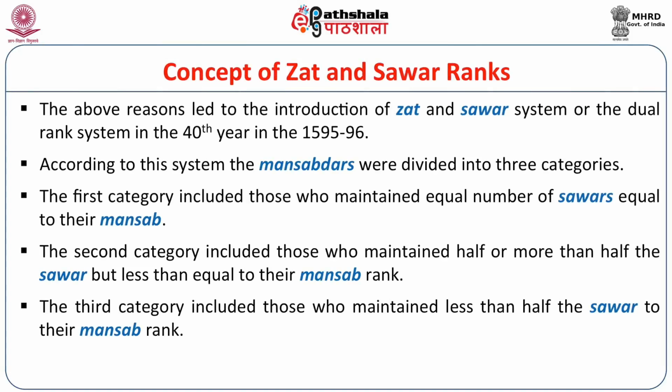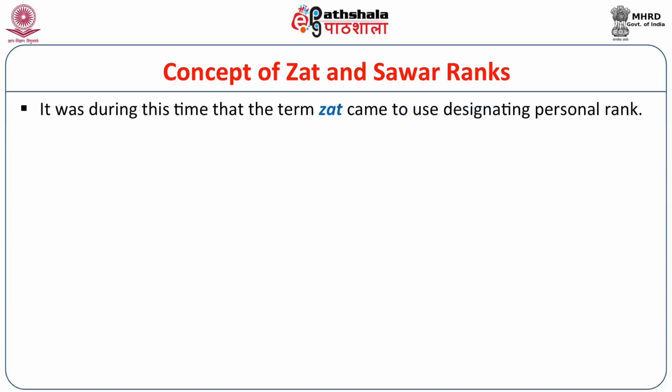The third category would include those who maintained less than half the Sawar to their Mansab rank. That is, below 50 if it is a 100 Mansabdar. It was during this time that the Zat became a designation of the personal rank.